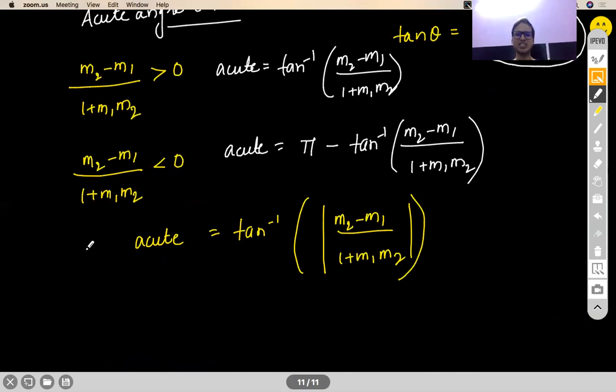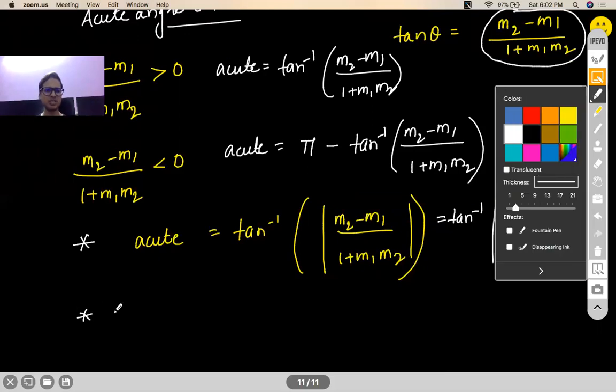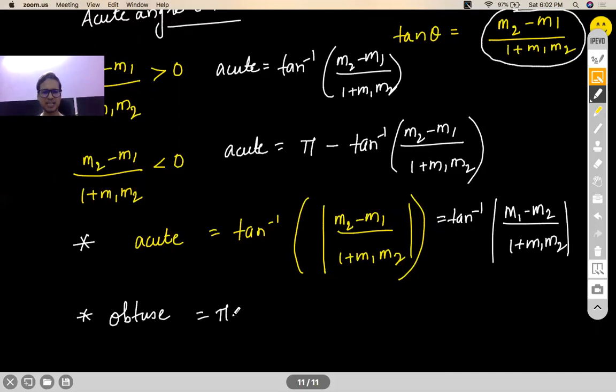Getting the point? So this is a direct formula. Please make a note of it. You will see in your books tan inverse of mod of (m1 minus m2) by (1 plus m1 m2) also. Both are the same thing. And if you know your acute angle, please note the formula for the obtuse angle will be just pi minus tan inverse of mod of (m1 minus m2) by (1 plus m1 m2).